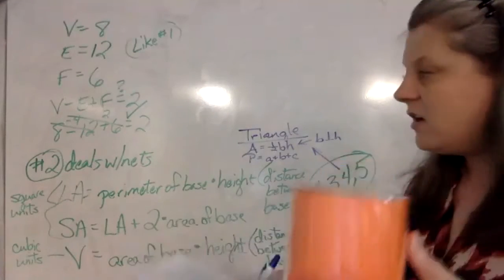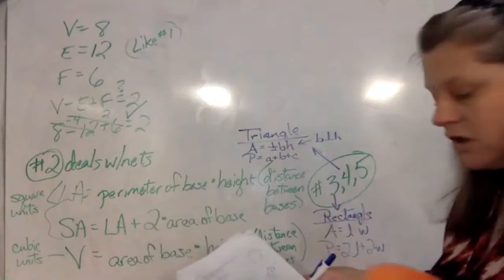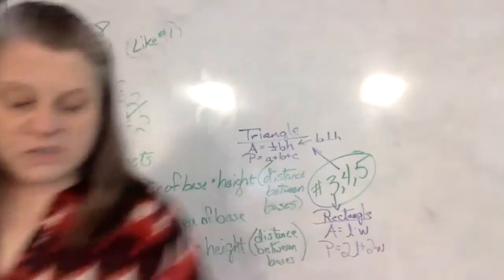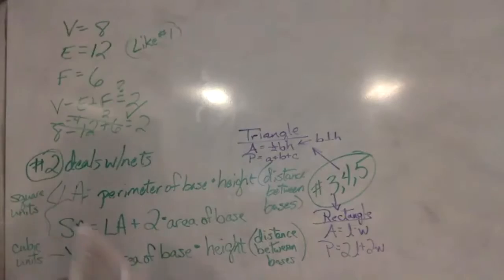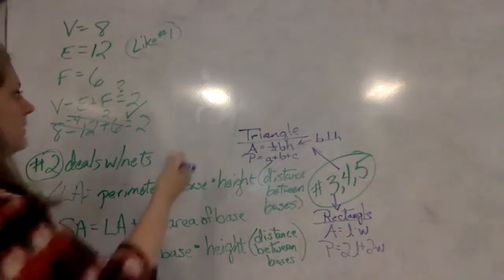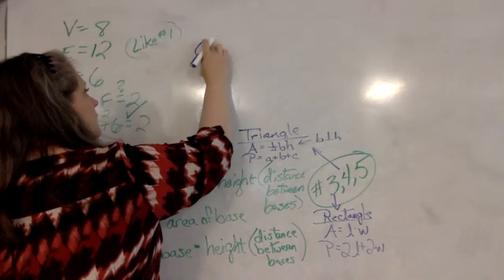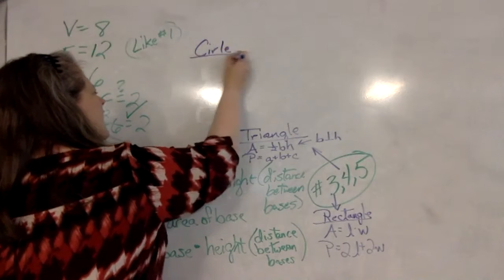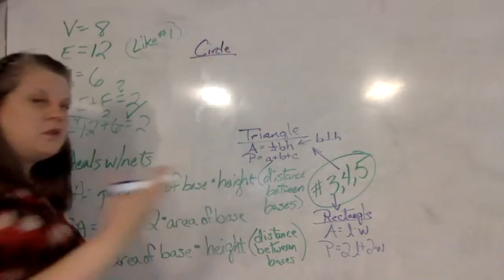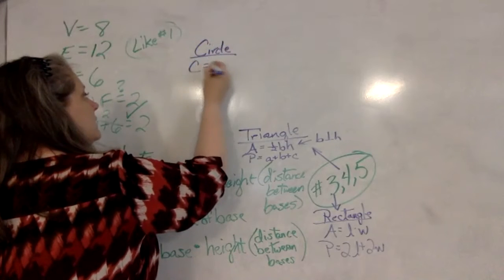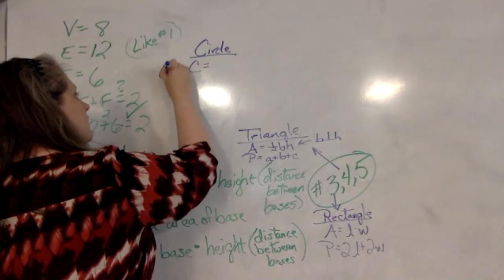It's just that with the cylinder, the bases are what shape? A circle. So when you're talking about a circle, we don't have perimeter of a circle, we have circumference. So the circumference, remember, is just the perimeter of a circle.